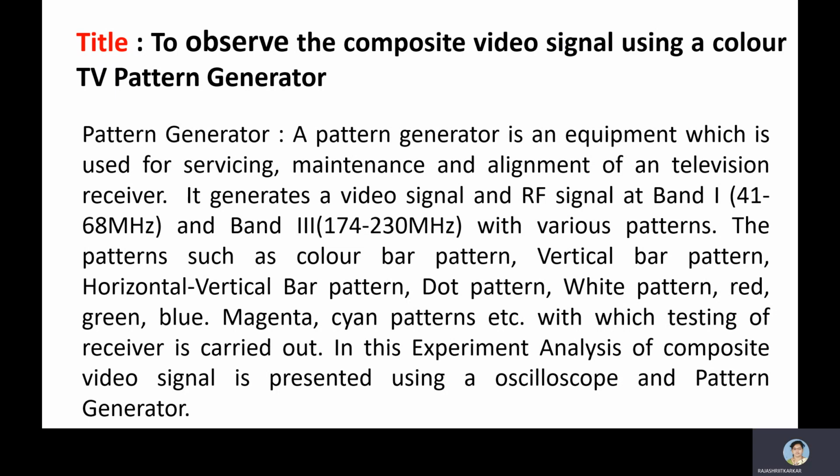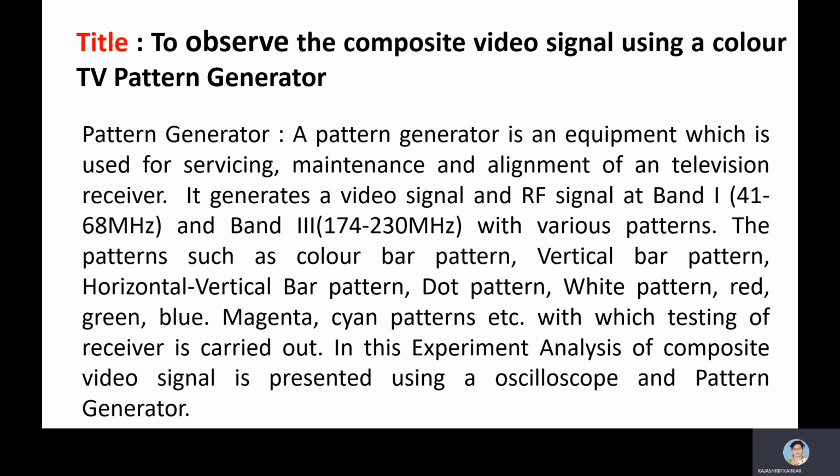Along with the color bar pattern, there are different patterns also, such as a vertical bar pattern, and a combined horizontal and vertical bar pattern. Then there is a dot pattern: if it's a crossbar, then at every cross a dot is generated.